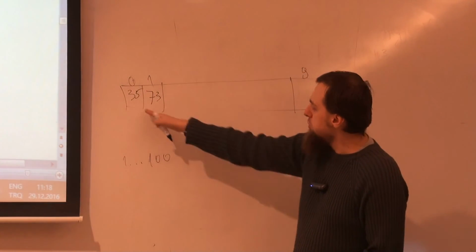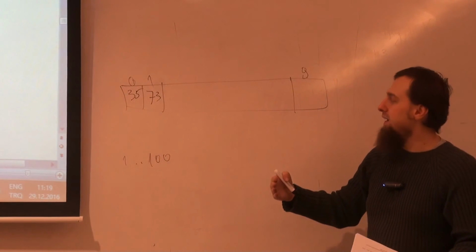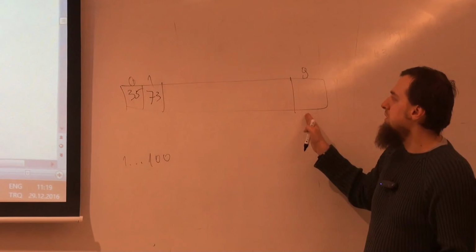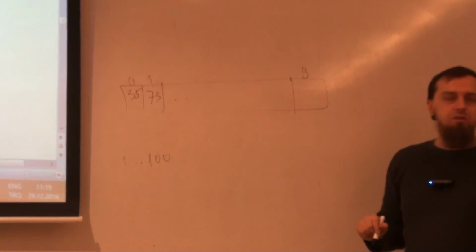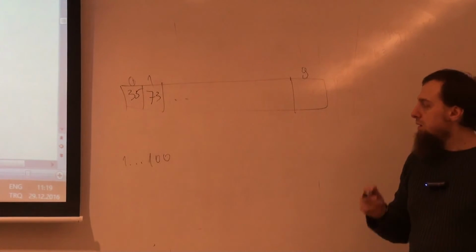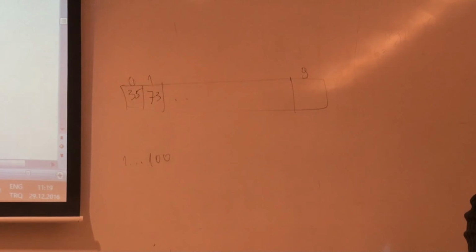I check whether it exists. If it exists, I regenerate it again. If it doesn't exist, I put it here. And we have here 10 elements. Okay, so this is the algorithm of your friend. But we are going to do something more complicated, and I think your friend's algorithm is better.